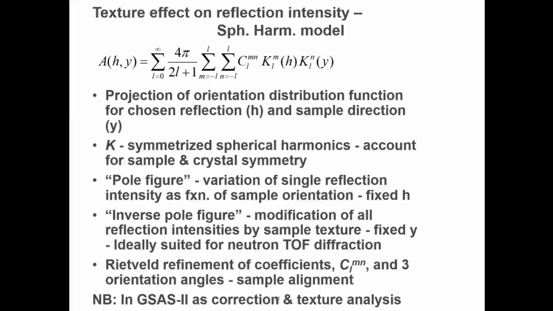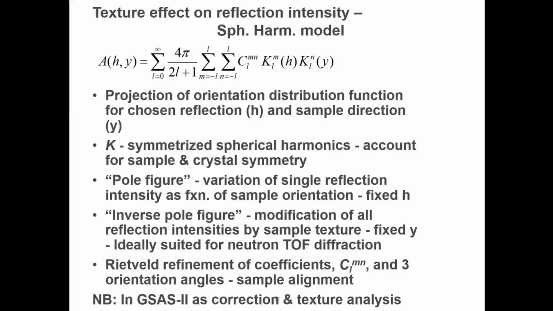And a pole figure then is simply this function at, let's see what it is, fixed h and a projection, stereographic projection on y. An inverse pole figure is the other way around. It's a selected direction, and you then integrate over all of the HKLs. And they both have their uses.